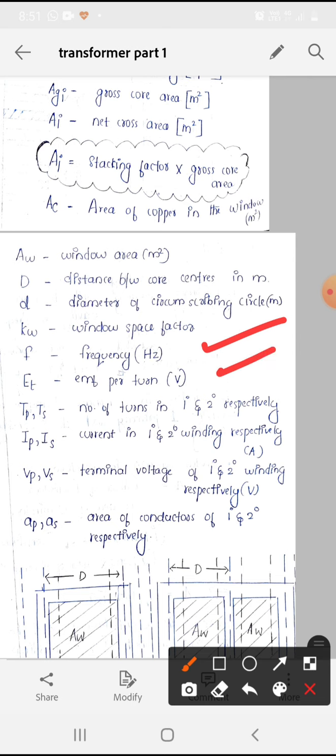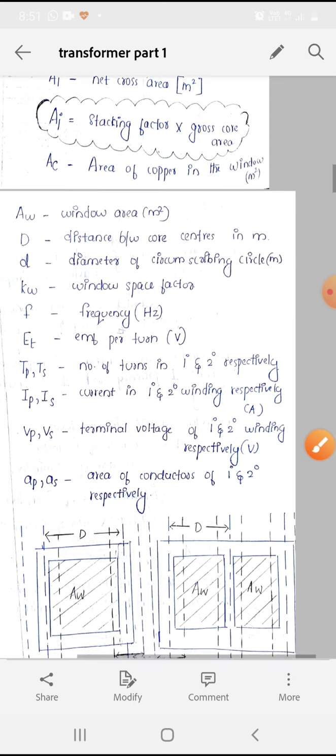Tp, Ts are the number of turns in primary and secondary respectively. Ip and Is are the currents in primary and secondary respectively, in ampere. Vp and Vs are the terminal voltages of primary and secondary windings respectively, in volt. And Ap and As are the areas of conductors of primary and secondary respectively.